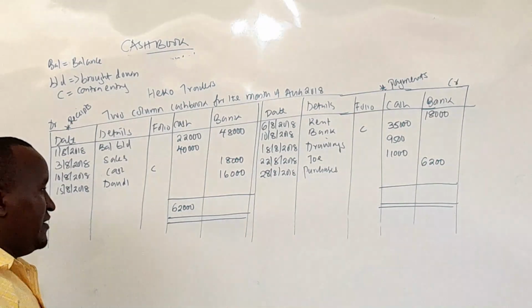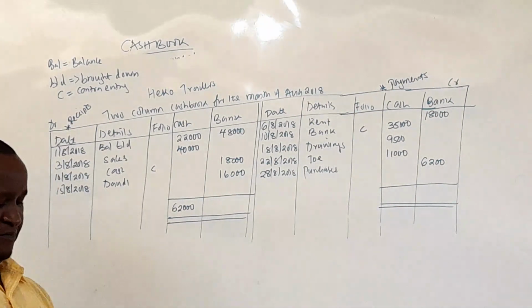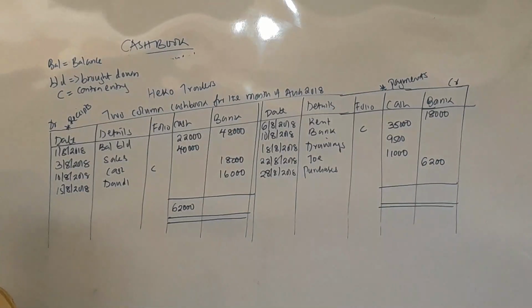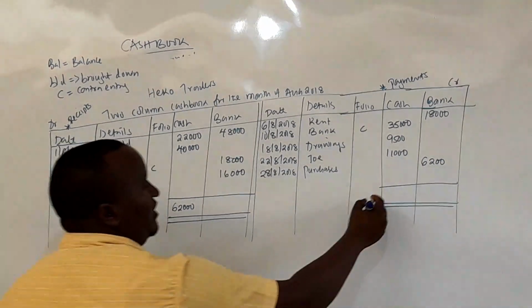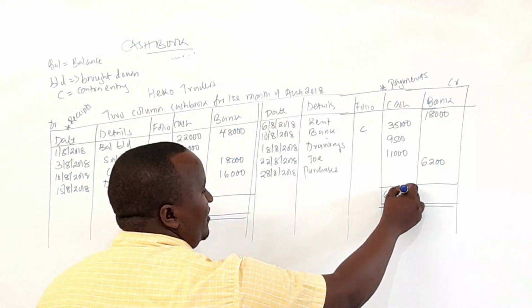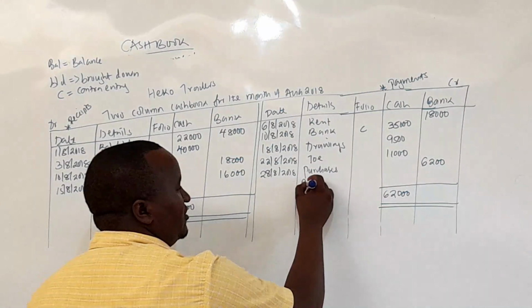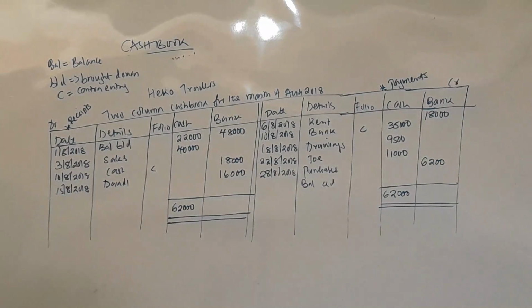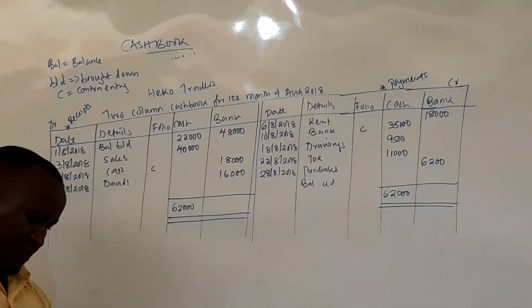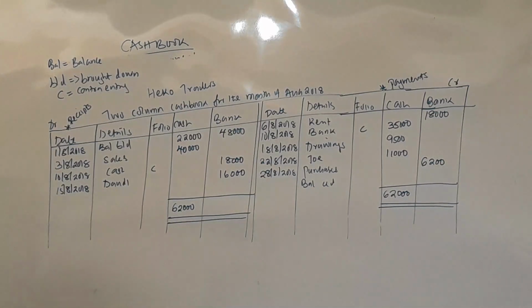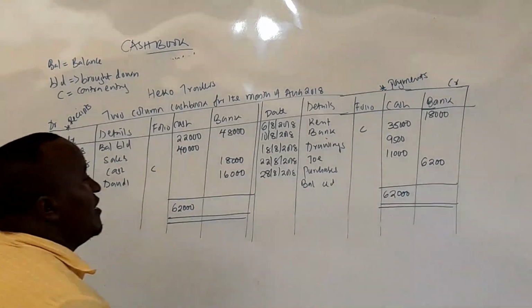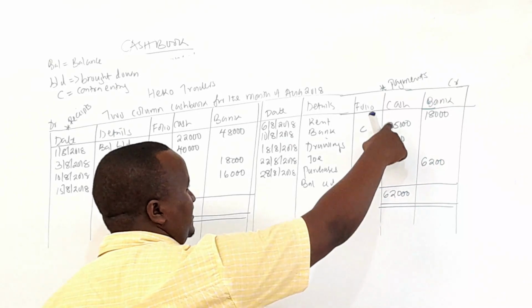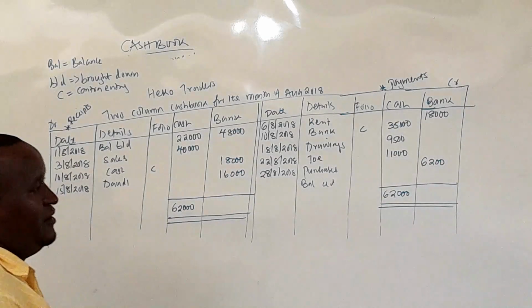It gives you 25,500. So we take the bigger side, 62,000. Get the balance carried down: 62,000 minus 25,500.